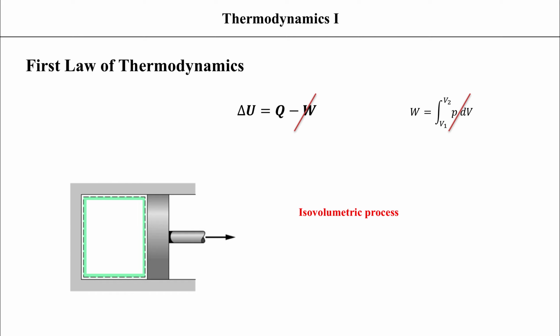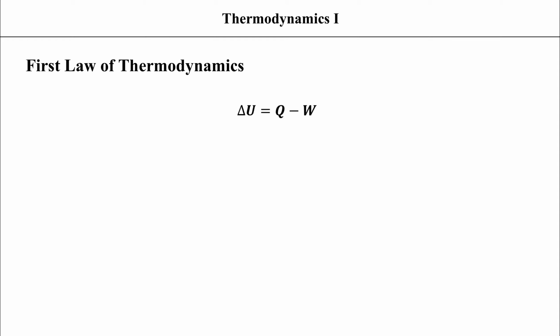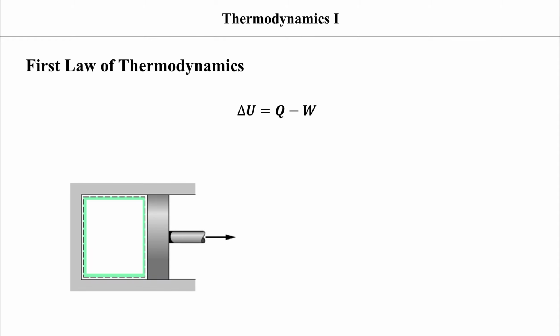And the only way for this system to interact with its surroundings is through heat transfer, and that means change in temperature too, in terms of either changing the internal energy or in terms of having heat transfer for the system. Okay. So the second instance is that let's say that we are looking at a system for which Q is 0.